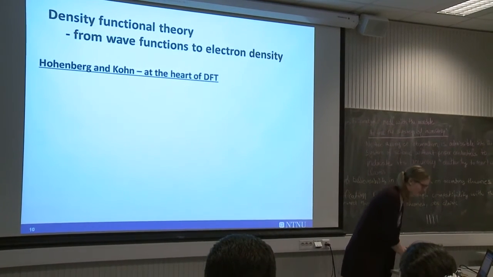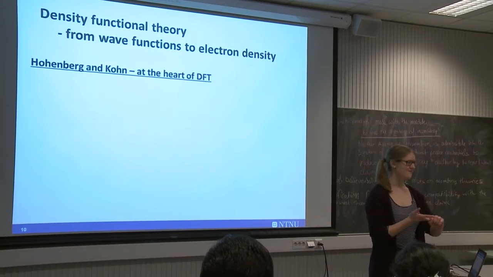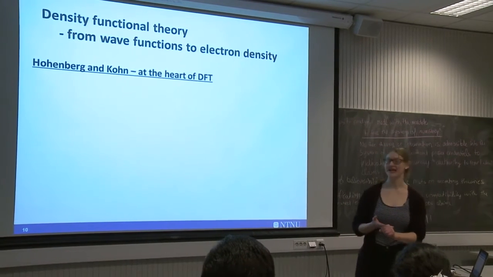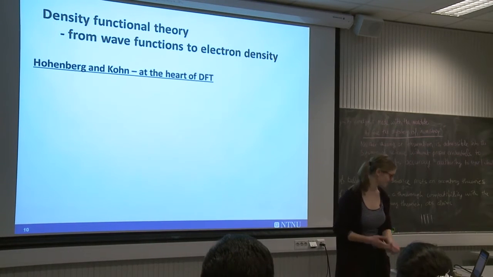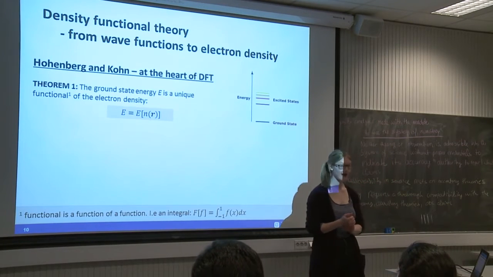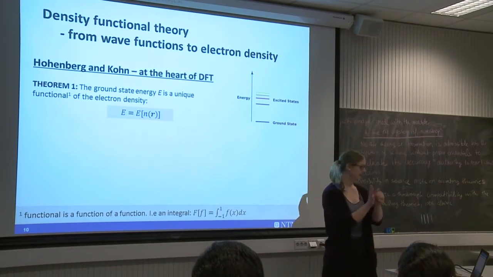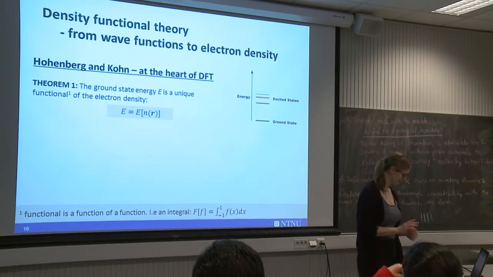So again, we're approaching now the heart of DFT. So the heart of DFT is based on 2 very fundamental theorems. And the first theorem states that the ground state energy is a unique functional of the electron density.